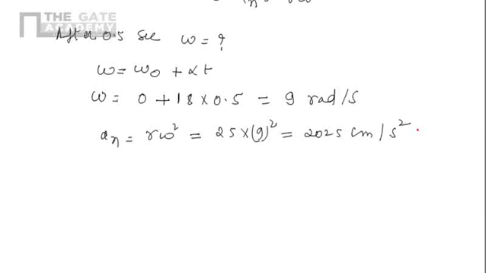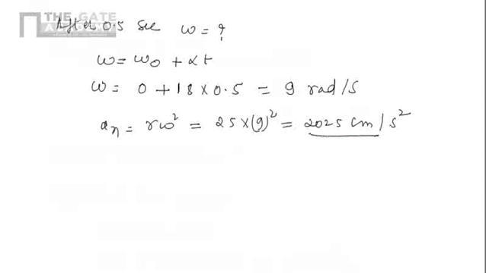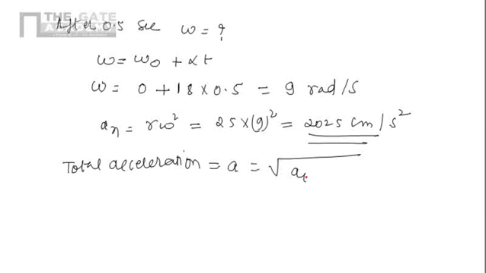So now we have tangential acceleration 450 and normal acceleration 2025. So total acceleration we can easily find out. Total acceleration is nothing but a equals square root of a t square plus a n square.